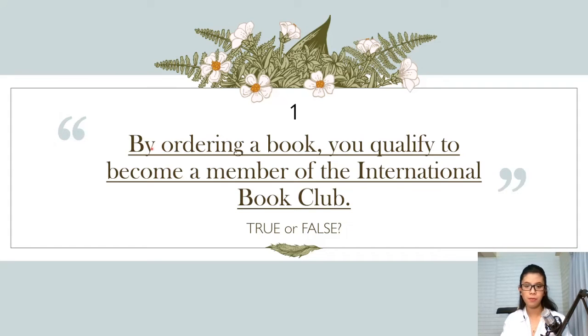Okay, so it says by ordering a book, you qualify to become a member of the International Book Club. Now, if we try to simplify that, we get the simple meaning that if you order a book from the club, you automatically become a member of that club. So of the same club that you ordered the book. Okay, so let's take a look at that one.